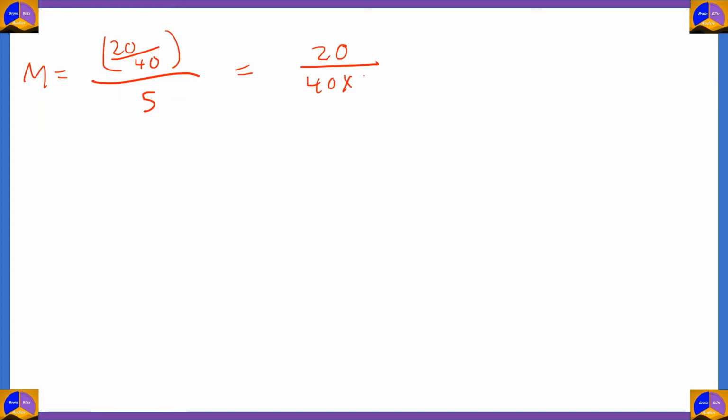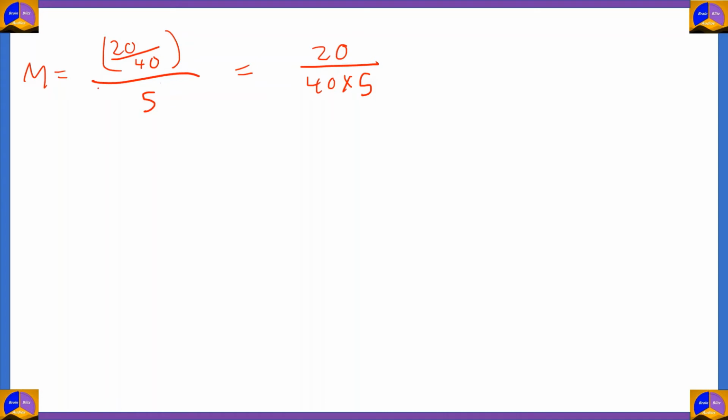So here our given mass is 20 grams, our molar mass is 40 grams for NaOH, and the total volume is 5 liters. Molarity. So what we do is we take it as 20 divided by 40 times 5. So that's how you convert this statement.